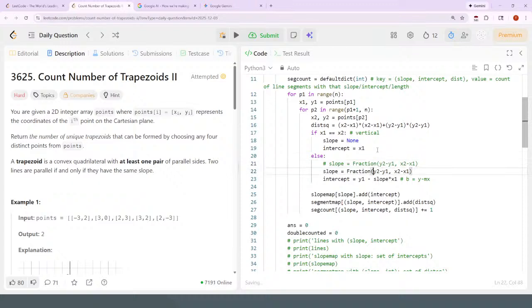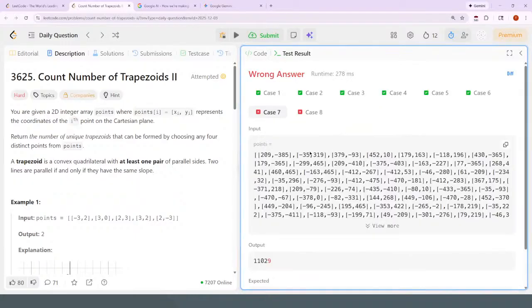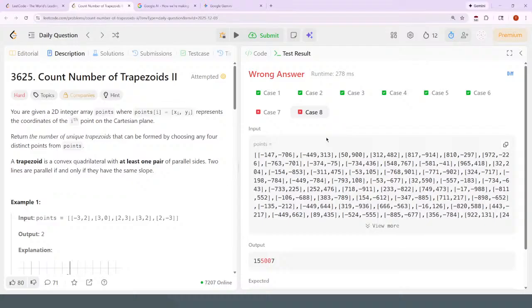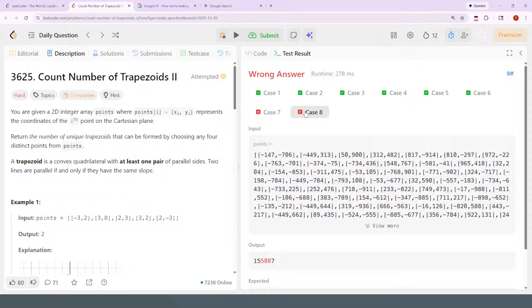So before, when I used decimals, it just did this, right? It's y2 minus y1 divided by x2 minus x1. So it ran in much faster time. 278 obviously got wrong, but fractions really did slow it down.